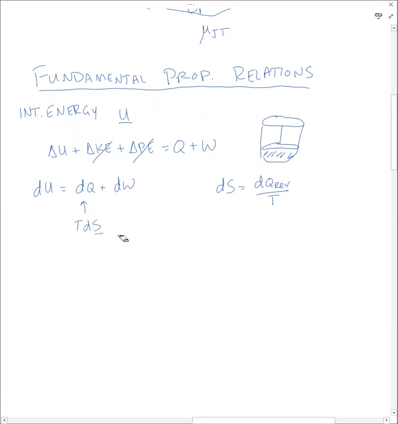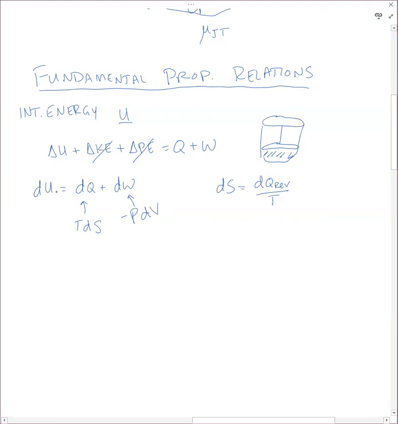Oops, I didn't do the underbars yet. Let me erase that. So TdS, and then work: there is no flow work and there is no shaft work either. So the work that we have is the expansion or compression of this cylinder. So dW in this case is minus PdV, because the shaft work cancels out.